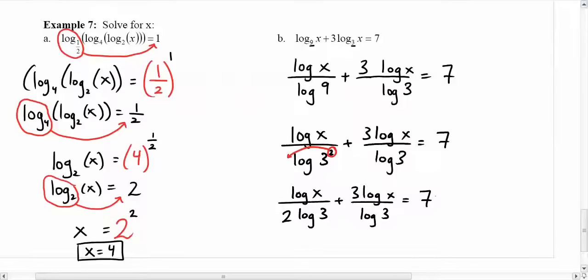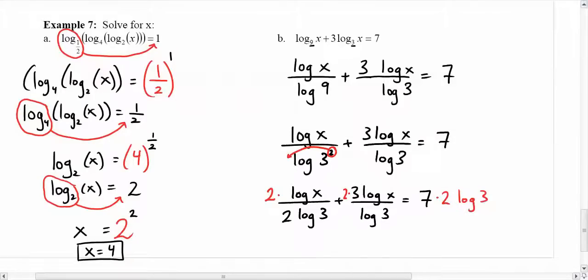But maybe you don't see like I do. So anytime you want to get rid of a number that's in the denominator, another thing that you could do, I think this might be what you would have done last year, is you could multiply everything by that number. You've done that before, right? And while we're at it, why don't we multiply by the log 3 as well?